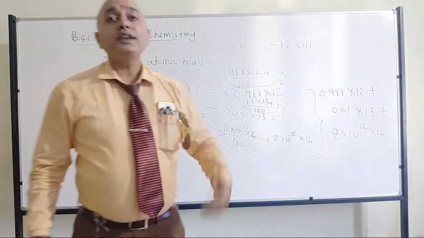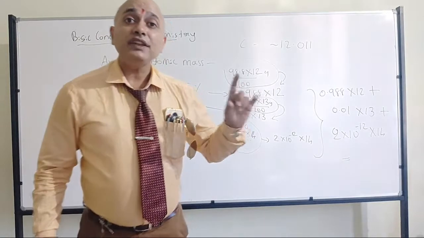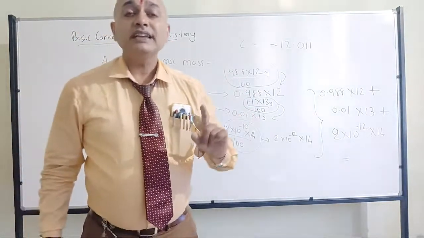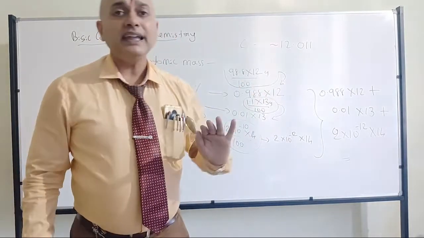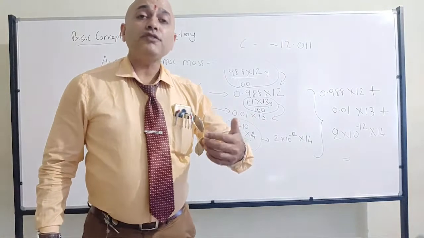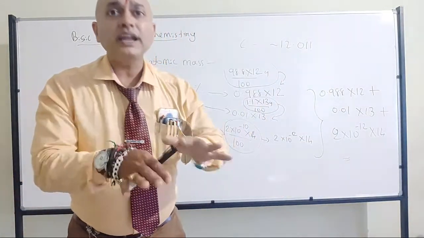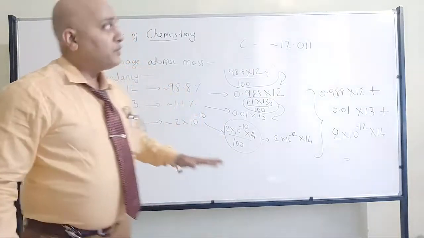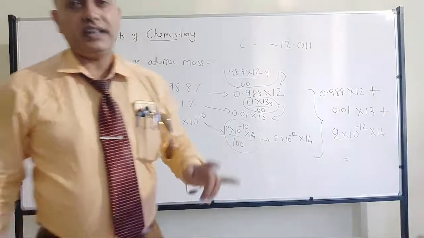Therefore, in the periodic table, you always see an element having average atomic mass, because in the nature, carbon 12, carbon 13 and carbon 14 are not present separately. All of them are present together. So therefore, average atomic mass has been mentioned in your periodic table.